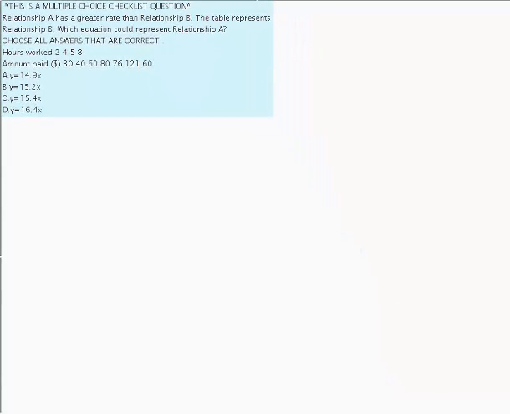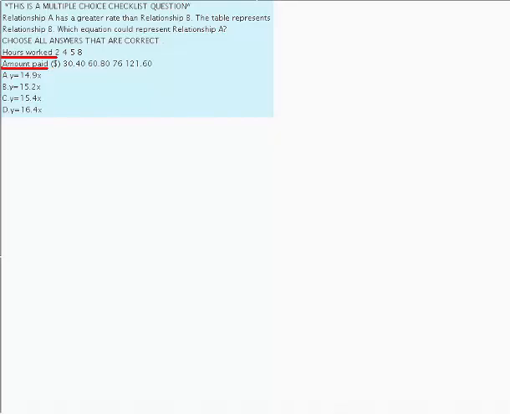So she has here hours worked and the amounts paid. And the easiest way to approach this question is to understand the relationship between the two variables. The two variables in this case being hours worked and amount paid. Now, Cool Cat Cutie, think of this as a summer job that you might have had in the past.